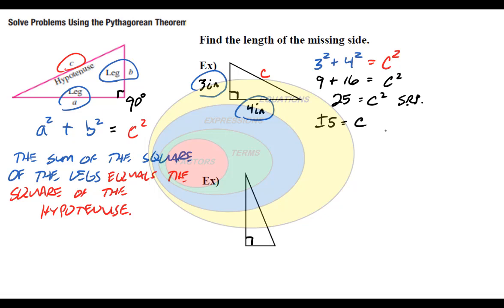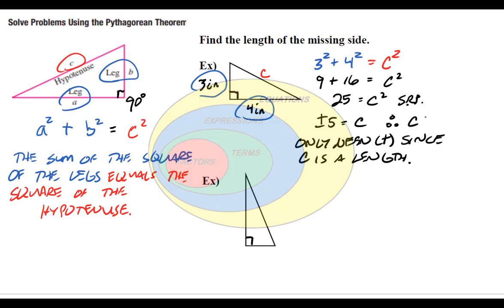We only need the positive value since c is a length, the side of a triangle, so c equals positive 5, and the units are inches in this case.